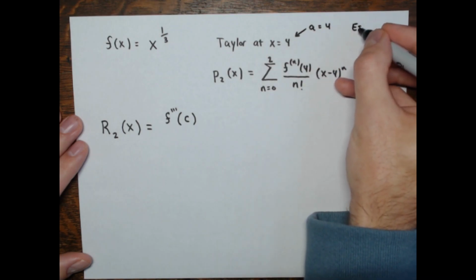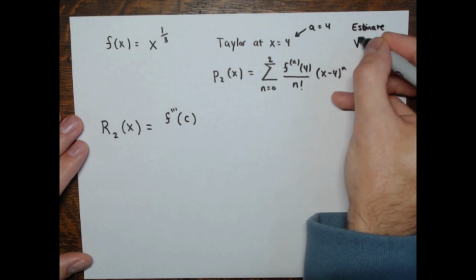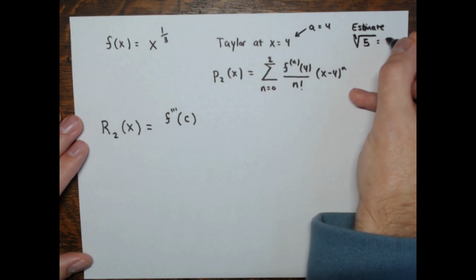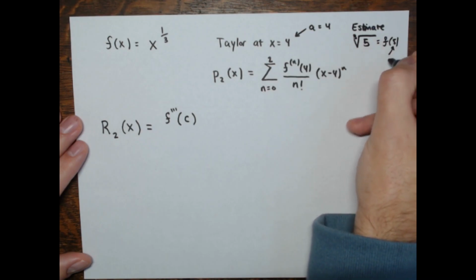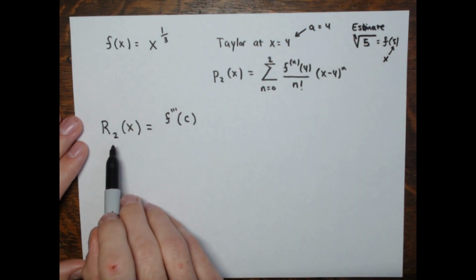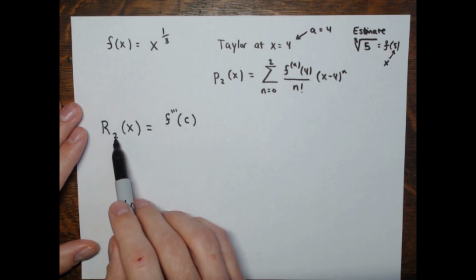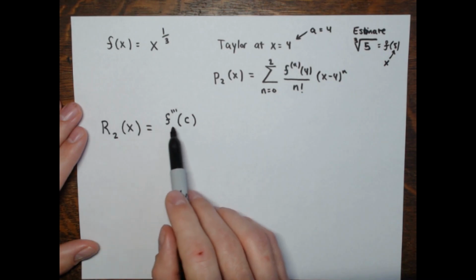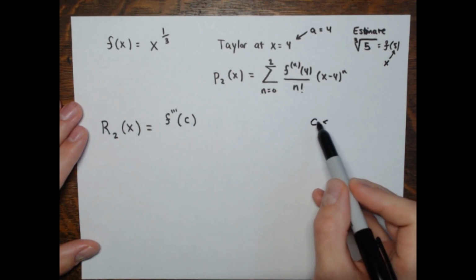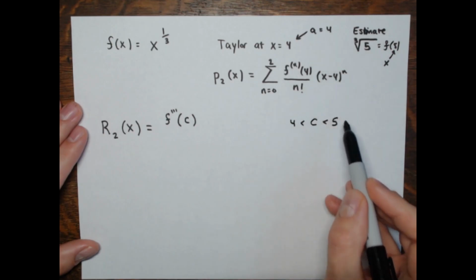And what we're trying to estimate is the cube root of 5. That would be f of 5. The value is 5 here for x. So when I talk about this second remainder term, this value c is between 4 and 5. Right, it's got to be between 4 and 5.